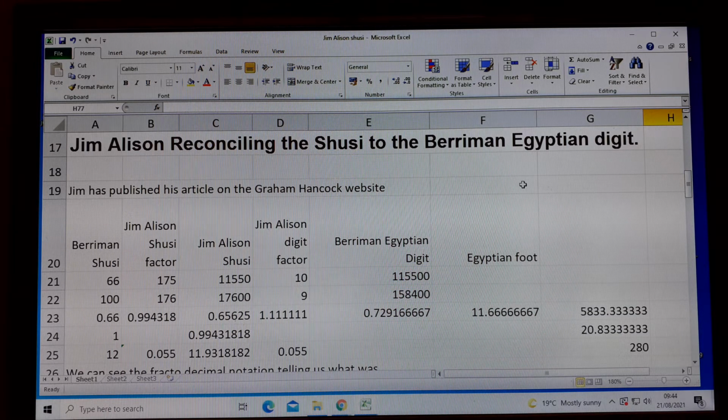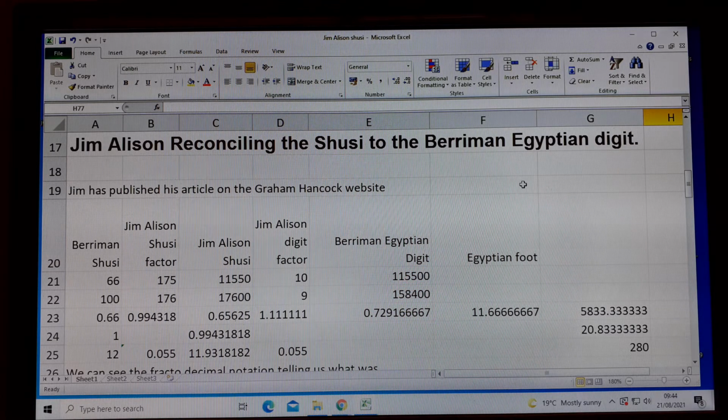The Shusi that Berryman is working with in his book Historical Metrology is 66/100. What Jim's done is apply a factor to that, a well-known Egyptian mathematical factor of 175/176. When we multiply that across, we get 11550/1600. And we know that there are 1760 cubits in the base of the Great Giza Pyramid.